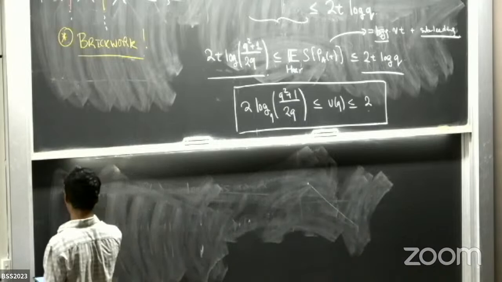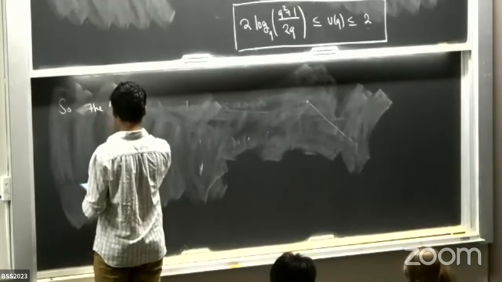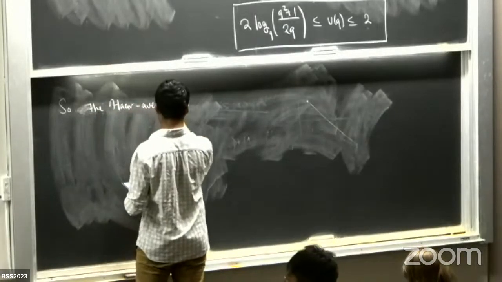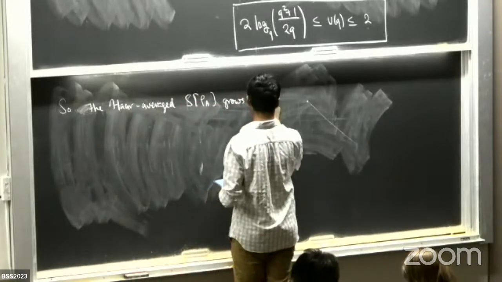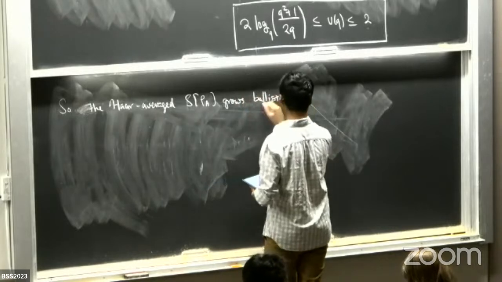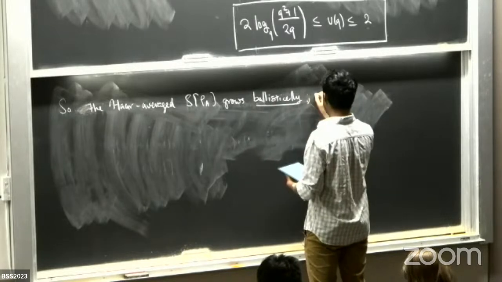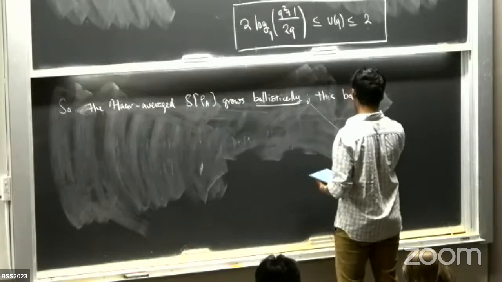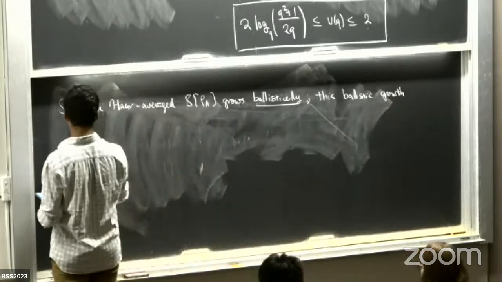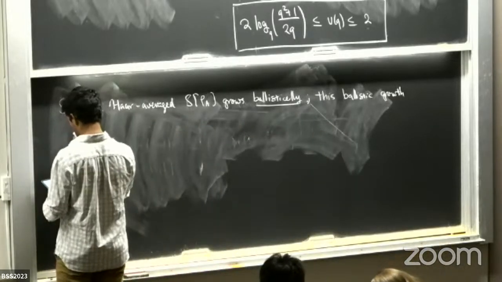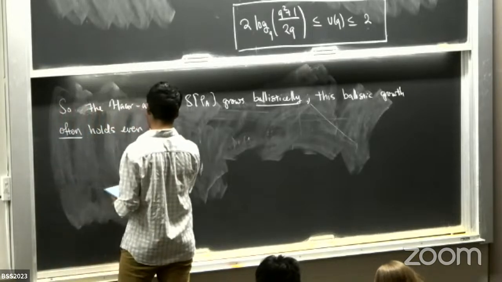Okay, let me just recap here and then move on to some other things. So in the Haar averaged S rho A grows ballistically and at the maximum rate in the Q going to infinity limit, and this ballistic growth often holds even with conserved quantities.